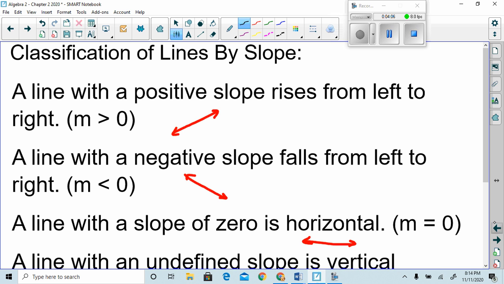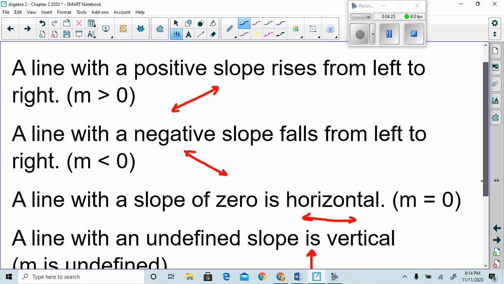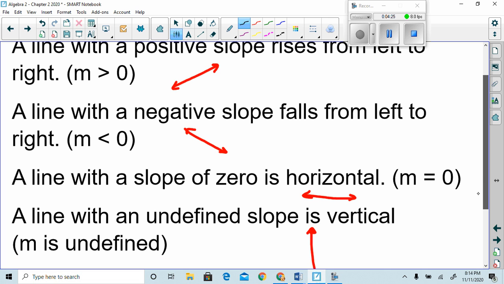So here are those statements, and I believe this was in the previous slide as well. A line with a positive slope rises. That means that m is greater than 0. The slope is greater than 0. A line with a negative slope falls from left to right. The line with a slope of 0 is that horizontal line. And the line with an undefined slope is vertical.